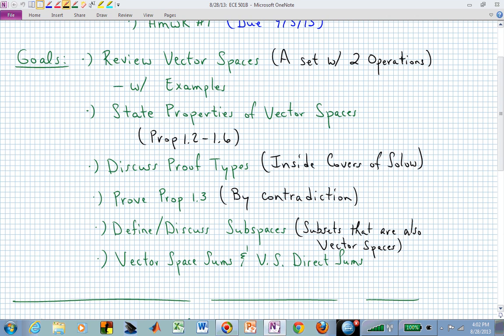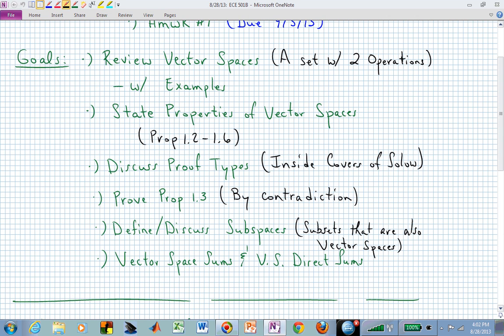We may want to think about vector spaces in more general terms than that. But really, it's a set with two operations. You're really thinking of three things: a set, and then an addition and a multiplication, in quotes, that work on that set of objects. And we'll try to give some more examples.